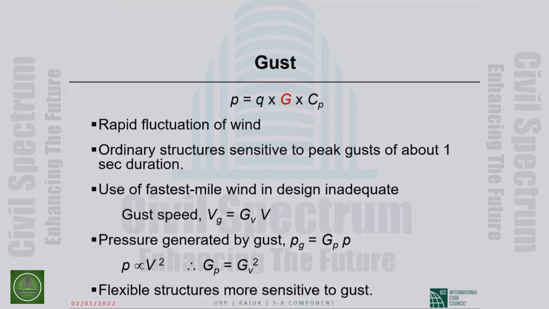When we switched to 3-second gust speed as the basis of design, that changed. Now, the vast majority of buildings are low rise, at least in the US. Okay, 5 stories or lower, 95 to 97%, I don't know. Vast majority of buildings, and those are not sensitive even to 3-second gust.